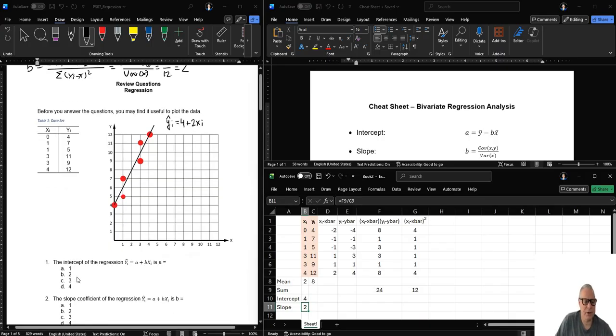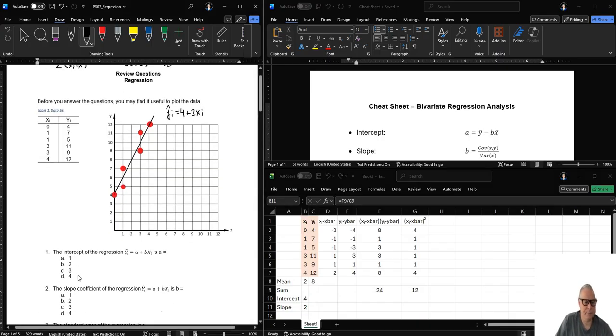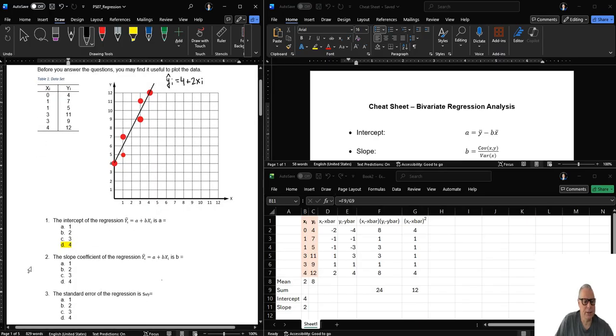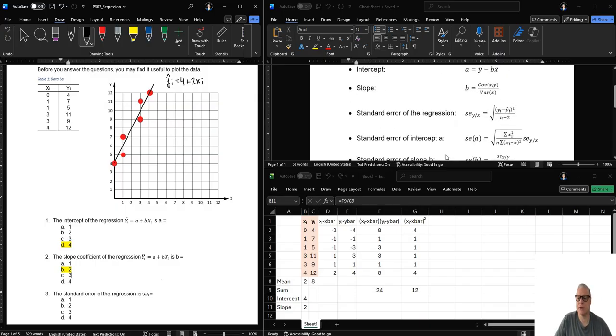Okay, so now we know that this intercept is indeed 4, and the slope coefficient is 2. So now what about the standard error of the regression? And again, we have that also here in the cheat sheet.